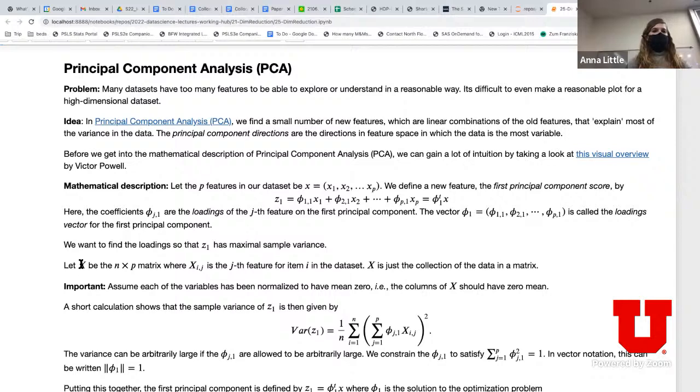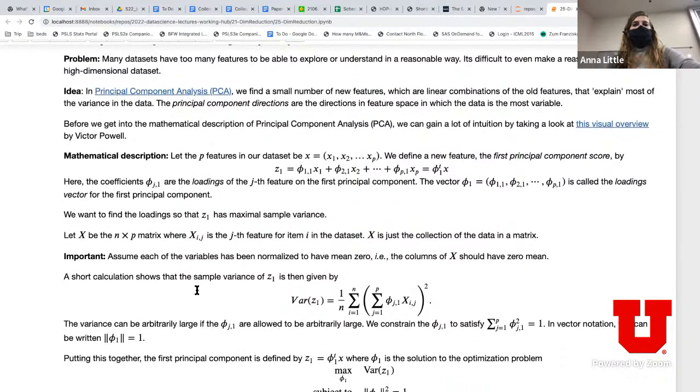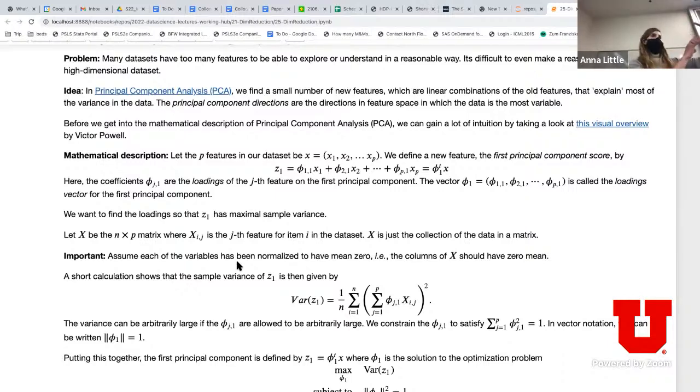I'm going to call this X. So X is n by P: I have n data points, and I have P dimensions. So Xij is the jth feature of the ith individual. And now, let's assume that we've centered our data. For each feature, we've computed the mean across all individuals and subtracted it so that each feature has mean 0.